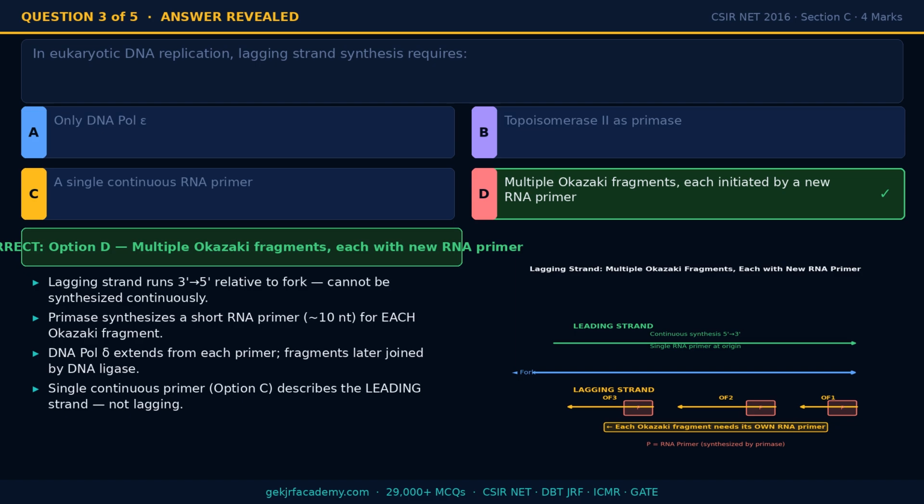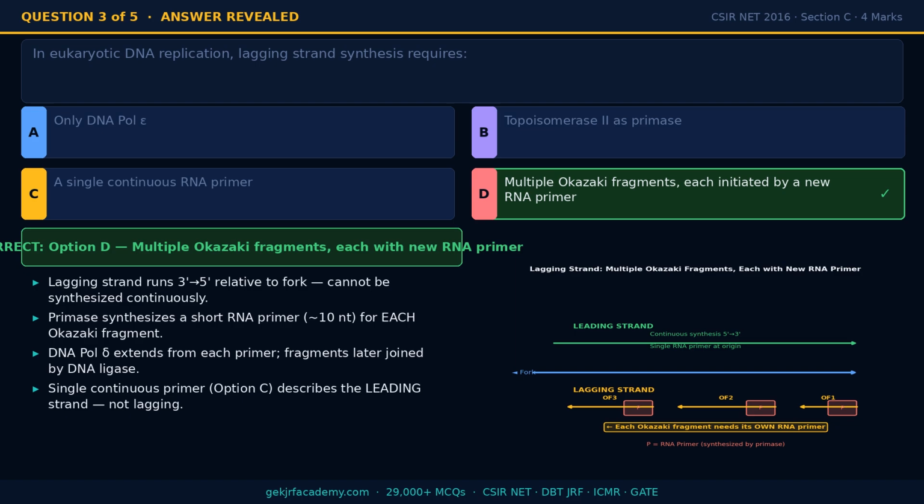The gaps are filled by DNA polymerase delta, and the fragments are joined by DNA ligase. Option A is wrong. DNA polymerase epsilon synthesizes the leading strand in eukaryotes, not the lagging strand exclusively. Option B is nonsense. Topoisomerase resolves supercoils ahead of the fork. It has no primase activity.